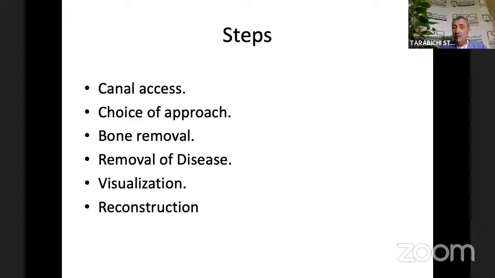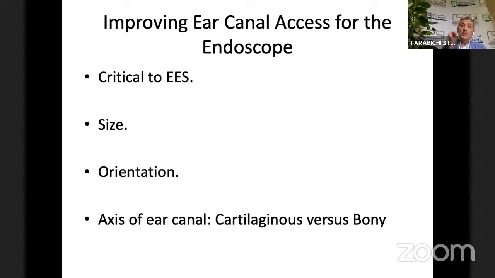You need to consider how you want to remove the bone, removing disease, the areas that you want to visualize, and then ultimately reconstruction. So improving ear canal access is critical in endoscopic ear surgery.